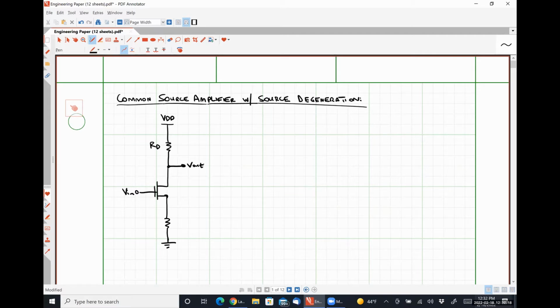Here's V in, here's V out. This is RS. And we had a small signal model that looked like this.